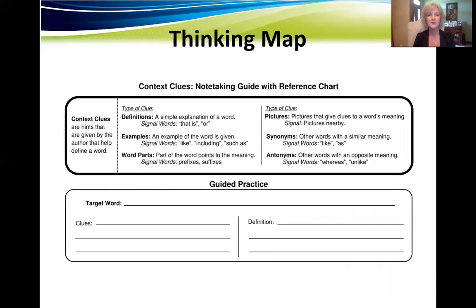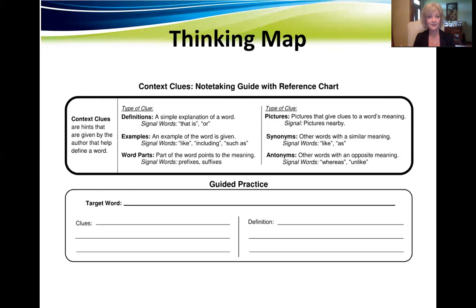So today we're going to use a thinking map or a graphic organizer. This thinking map has listed at the top all the context clues that we have just talked about. Use this as a reference as we're going through text and we're reading words and we're trying to figure out meaning. Don't forget these types. It could be a definition is provided.